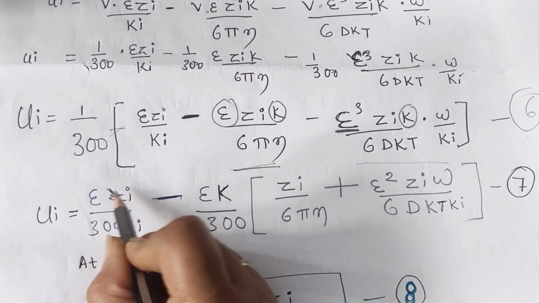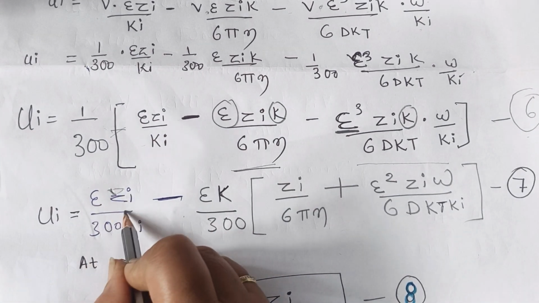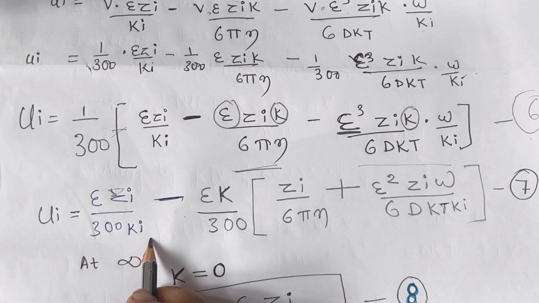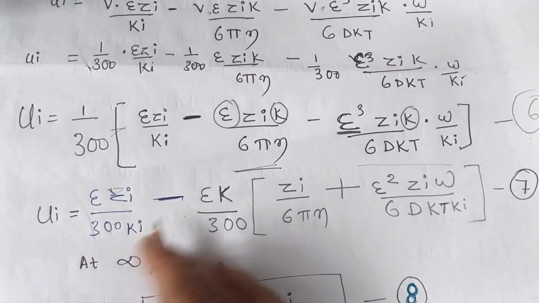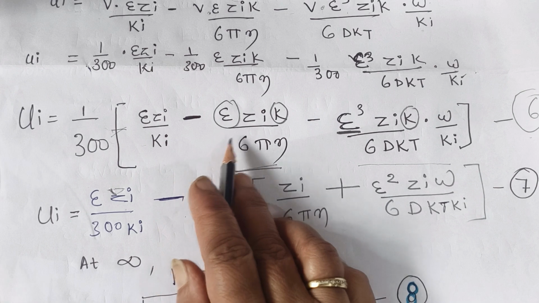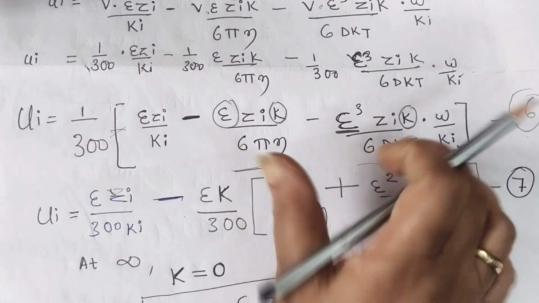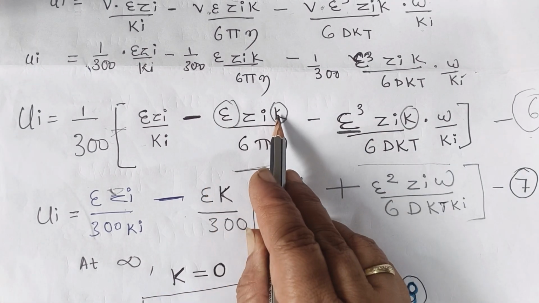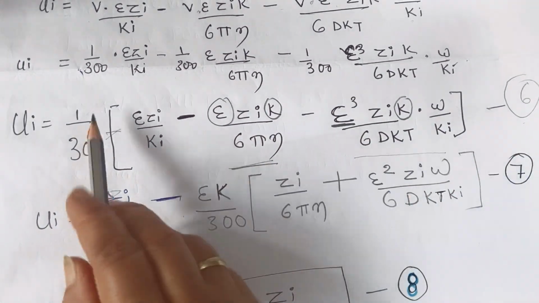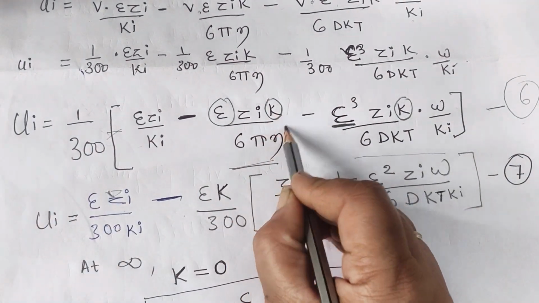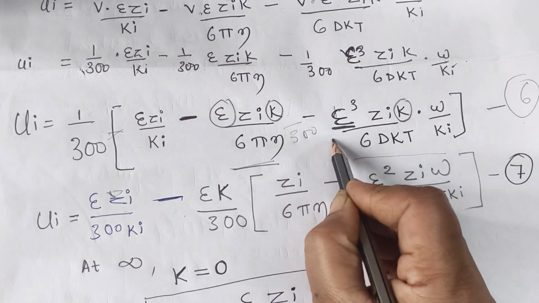So epsilon zi by 300 ki minus, just what we have opened the bracket. You can just write them here in both these two terms. This is common, epsilon k and 300 we have to multiply. So both will have 300 here, 1 by 300.